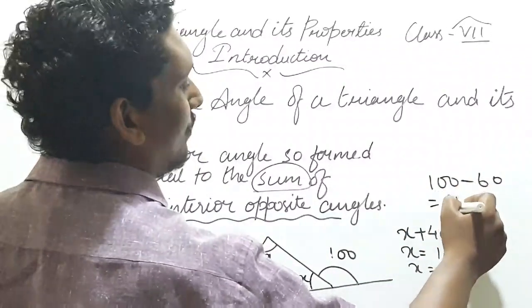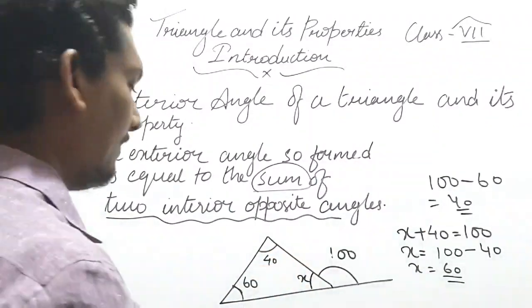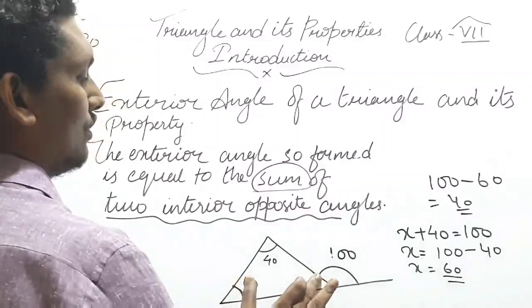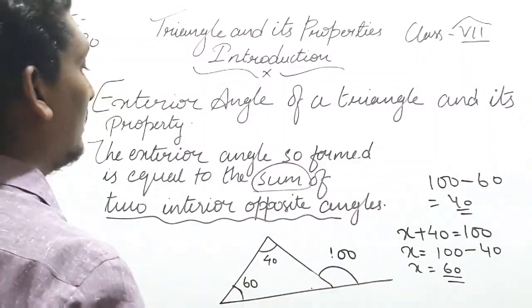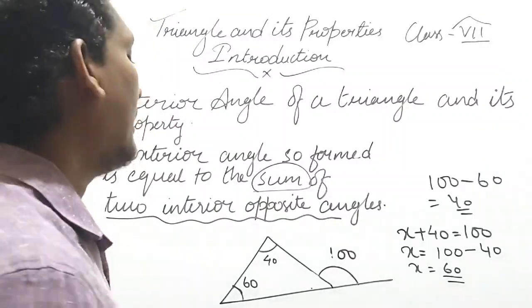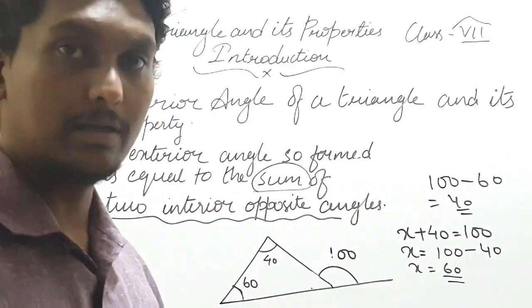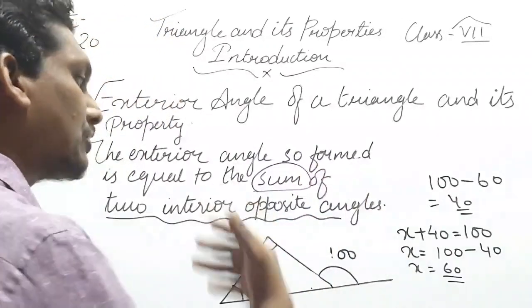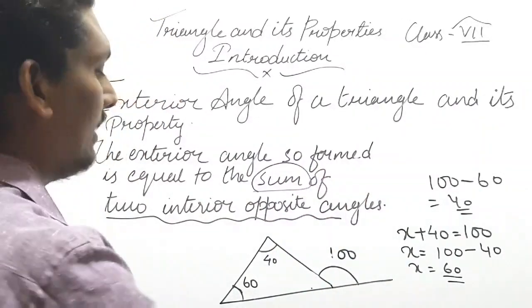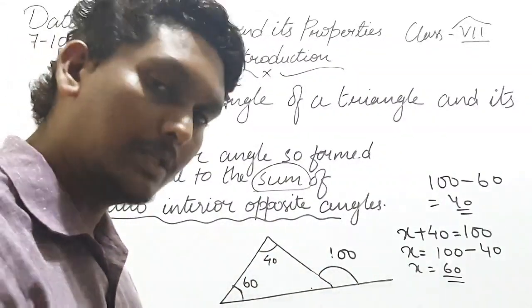So what you will get? 40. So here you will get 40. Okay, this is all about the exterior angle property and interior angle property, how to find the interior angle when the exterior angle is given to you. In the next topic, angle sum property, we are going to find all these three with the exterior angle. Okay, just go through it.